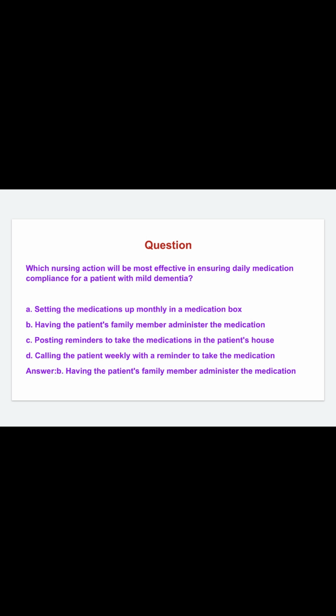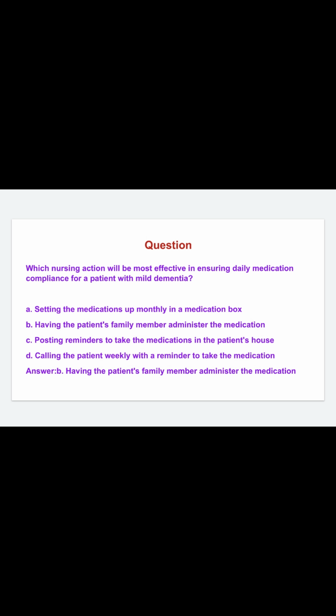Next one: which nursing action will be the most effective in ensuring daily medication compliance for a patient with mild dementia? The answer is having a family member administer the medication, because patients with dementia forget everything. They don't know what they are taking or not taking.